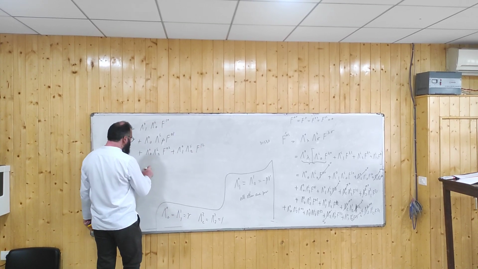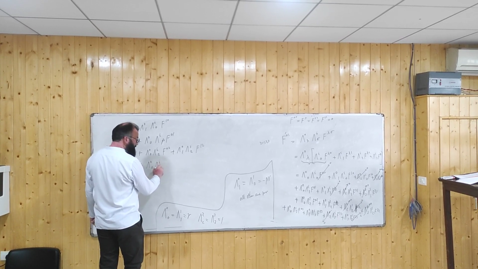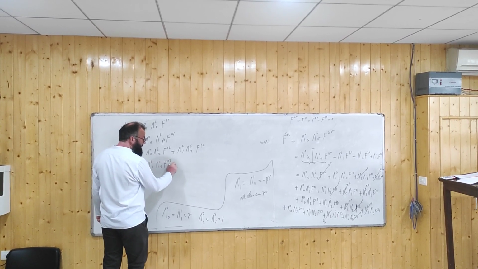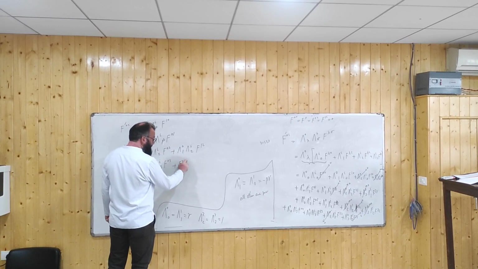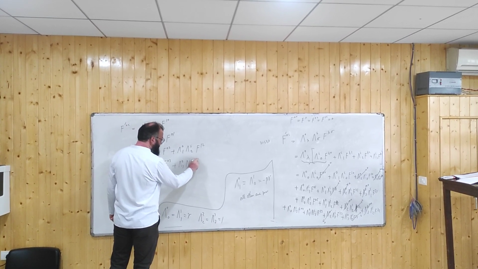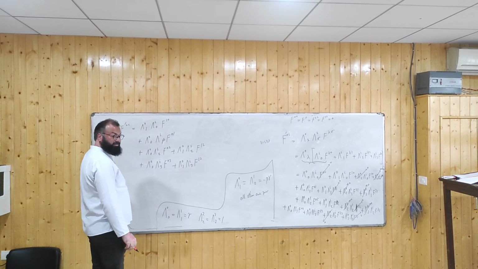True? Then in the last row: lambda 0 0 lambda i3 F0 3 plus lambda 0 1 lambda i3 F1 3. Rest are 0. Clear?